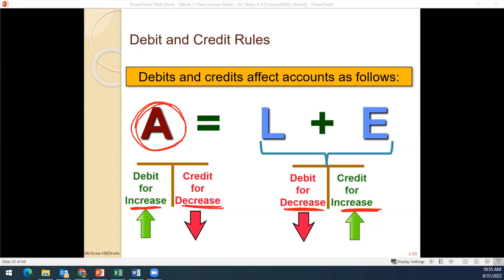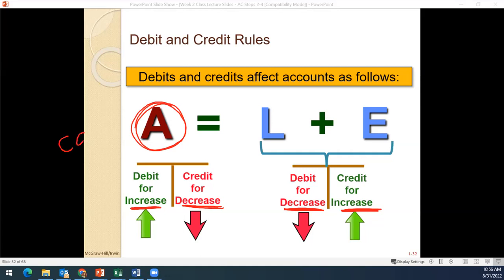To add to the debit credit rules, to make it a little bit easier for you for some of the accounts, specifically the equity accounts, because the equity accounts don't go up and down the same way the asset and liability accounts go up and down. Let me explain.